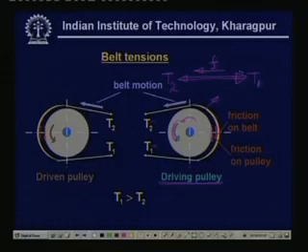So, simple equilibrium of the belt suggests that T1 should be higher than T2. That has been mentioned over here, T1 is higher than T2.